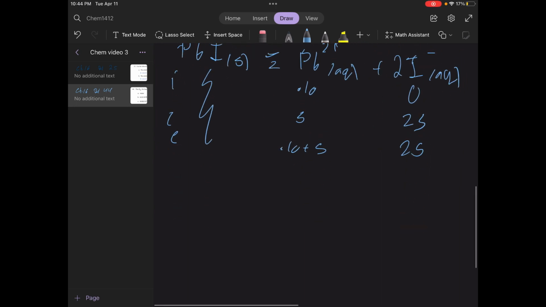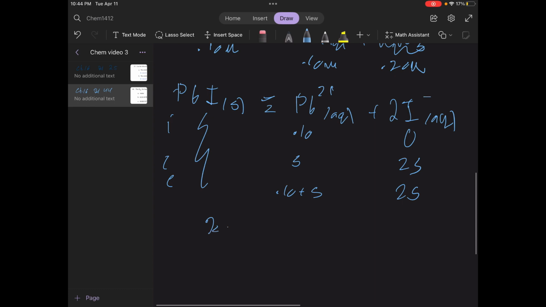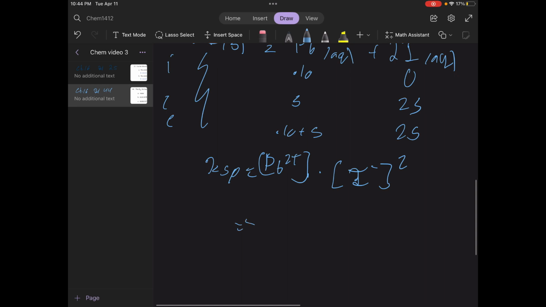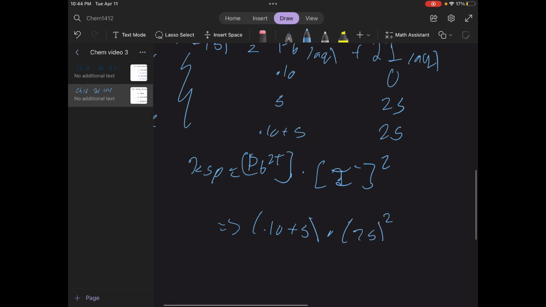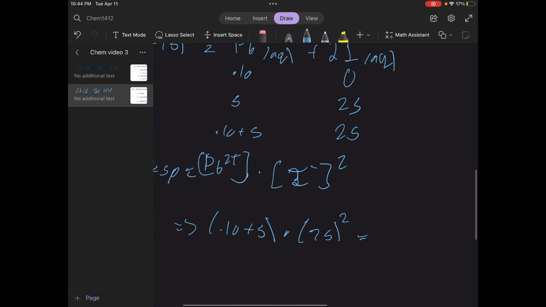Here we already know our Ksp. Ksp is equal to Pb2+ times I minus squared. Plug in our values here. We get 0.10 plus S times 2S squared is equal to 1.4 times 10 to the negative 8.